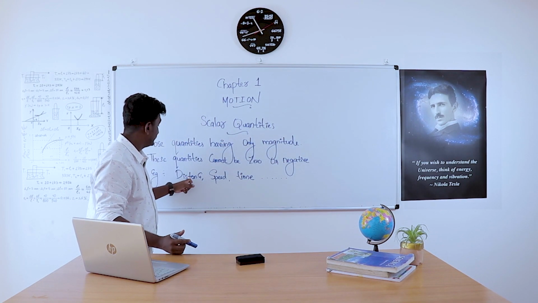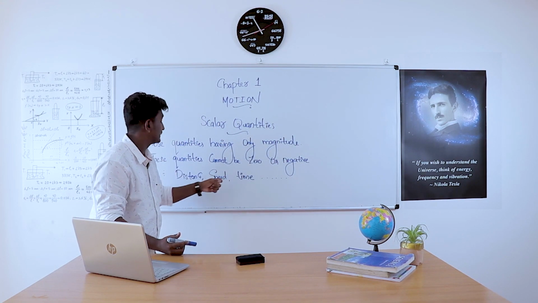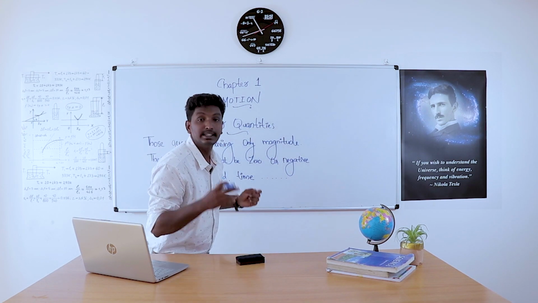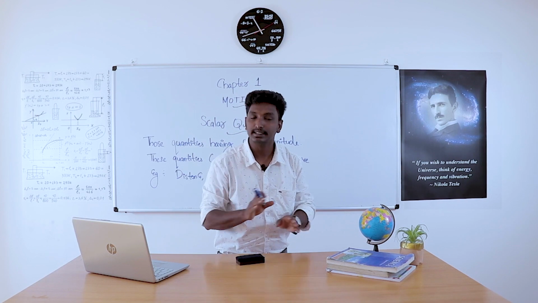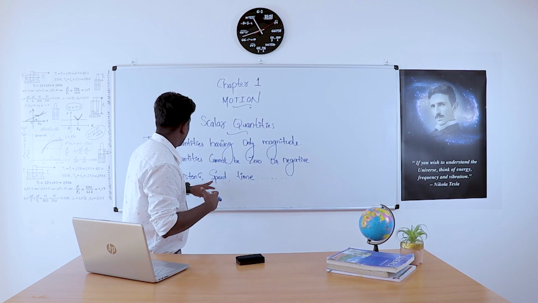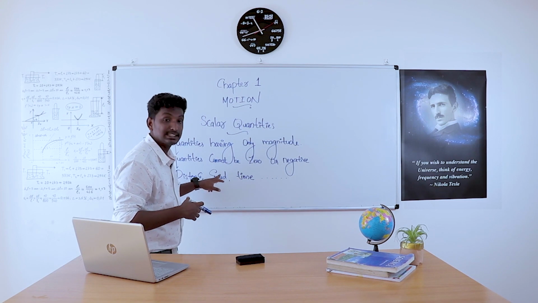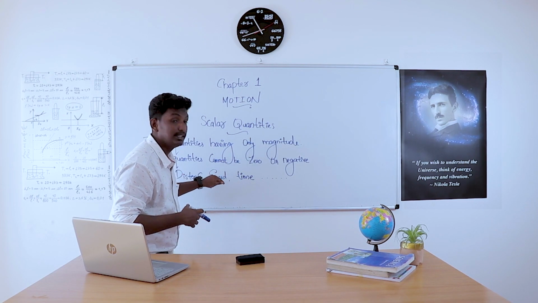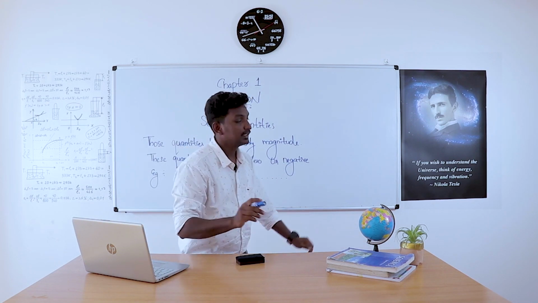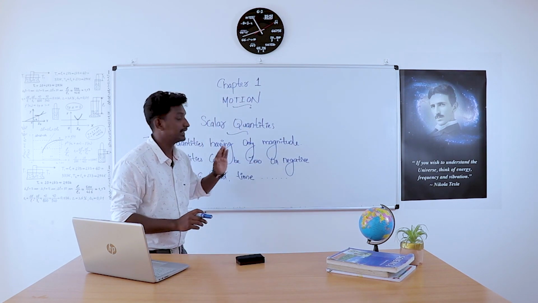Now look, distance, speed, time, etc. In distance, we are representing its magnitude only, not direction. It does not have any direction. And look, the second example, speed. This quantity also has positive values only. They cannot be zero or negative.